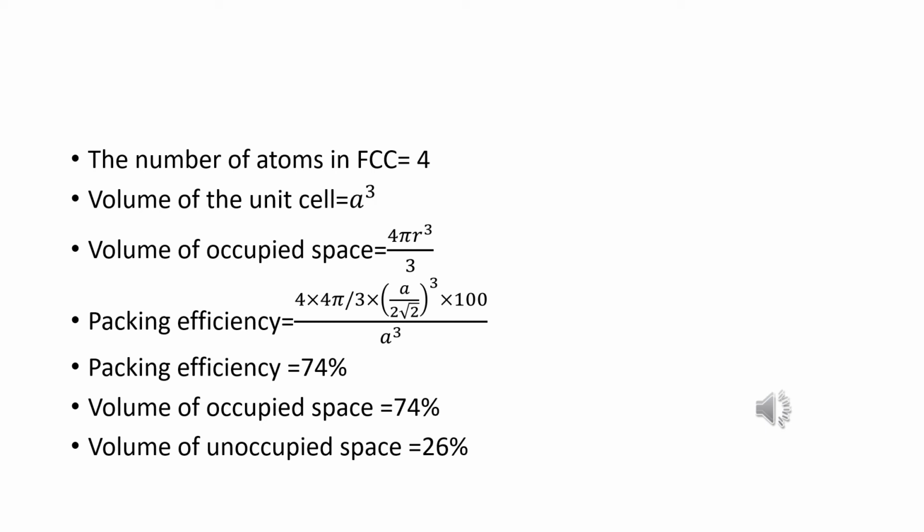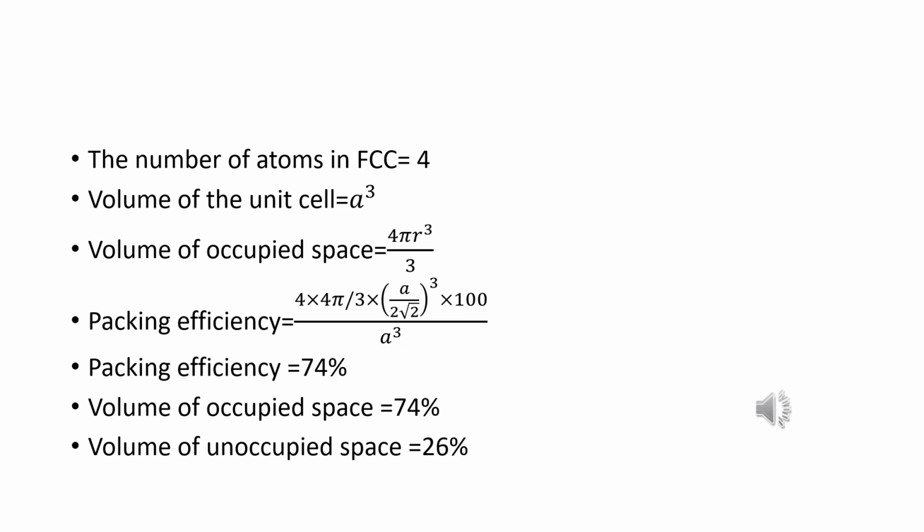The formula of packing efficiency: packing efficiency equals the number of atoms in the unit cell into the volume occupied by the spheres in the unit cell, divided by the total volume, into 100. Here we substitute the values. The number of atoms in FCC is 4, into 4 by 3 pi R cube.